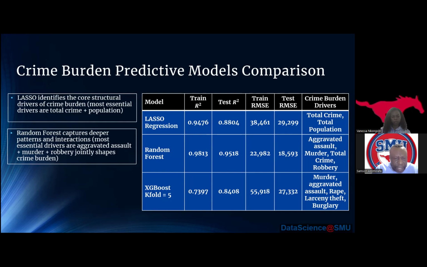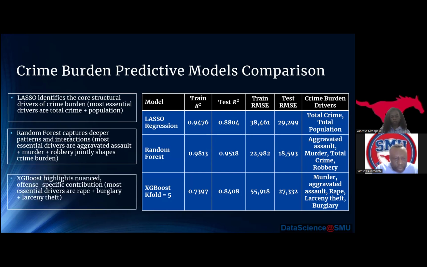It highlighted aggravated assault, murder, and robbery as the most influential drivers, while XGBoost, the last model we used, even though it was less stable, revealed fine-grained contributions, showing rape, burglary, and larceny theft as drivers. Together, these three models show that violent offenses, especially aggravated assault and murder, are the core structural drivers of statewide crime burden.